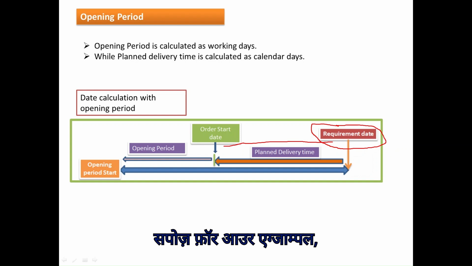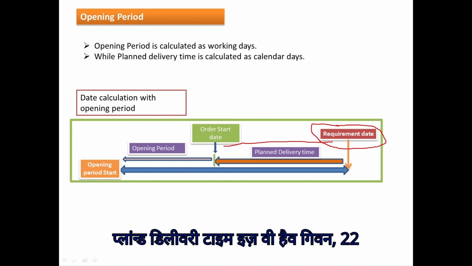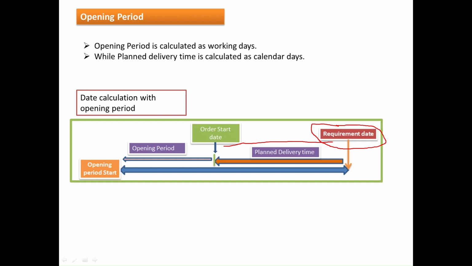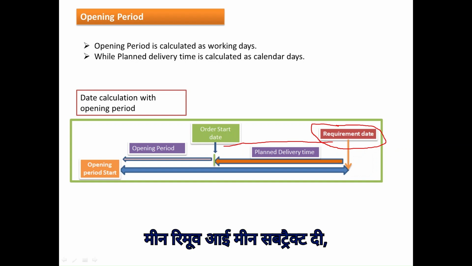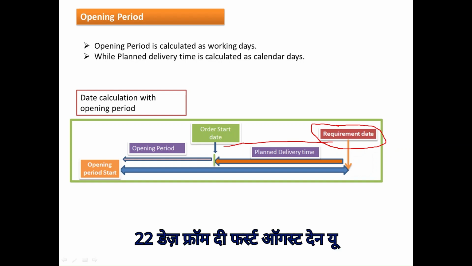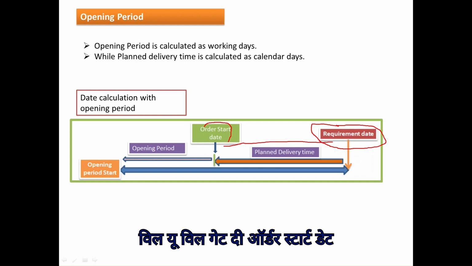Suppose for our example, 1st August is your requirement date. Then from there, the planned delivery time we have given is 22 days. Now if I calculate backward, subtracting the 22 days from the 1st August, you will get the order start date.